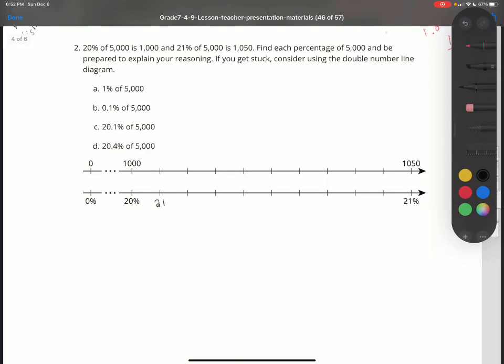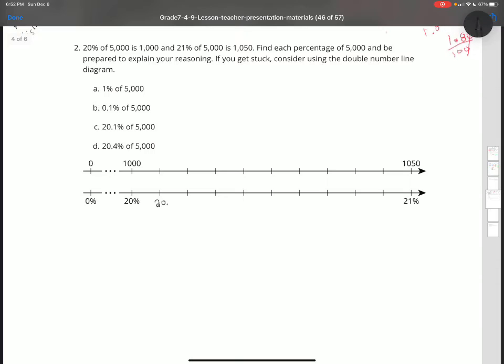It will be 20 and 1/10, 20 and 2/10, 20 and 3/10, 20 and 4/10, 20 and 5/10, 20 and 6/10, 20 and 7/10, 20 and 8/10, 20 and 9/10, and there is no such thing as 20 and 10/10 because 10/10 is 1 whole. Okay, so it's saying that 20% is 1,000.